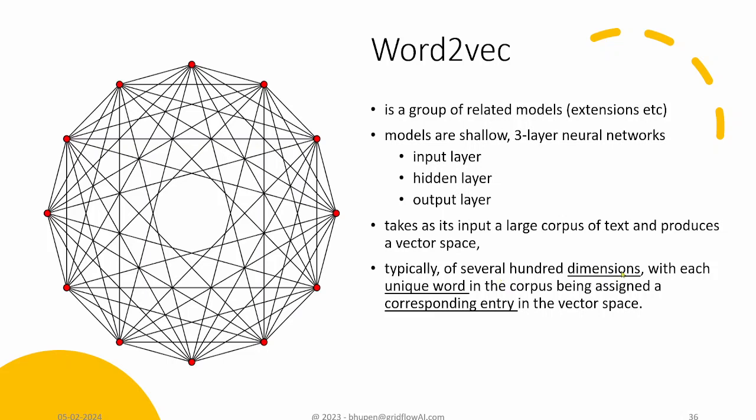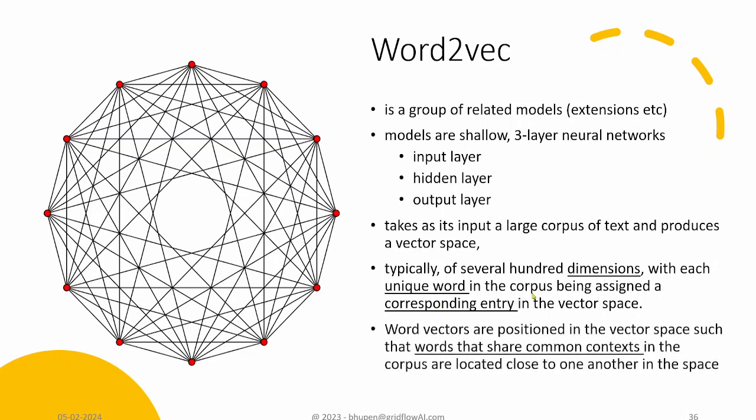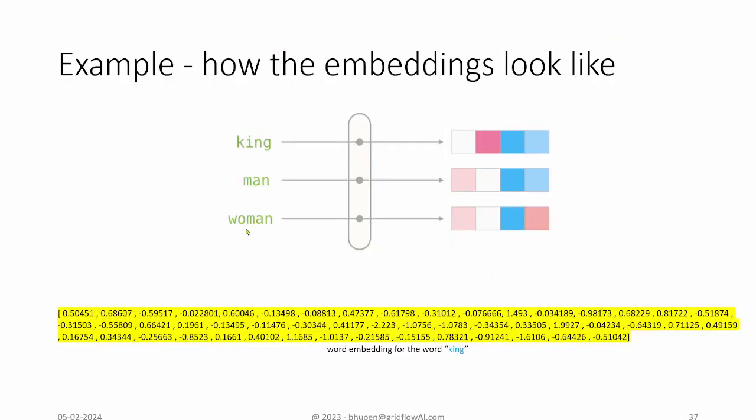Generally, the embeddings are going to be, let's say, 100 dimensions, 300 dimensions, or even more. And the idea is that words that are commonly used together should also share similar or close proximity in the multi-dimensional space.